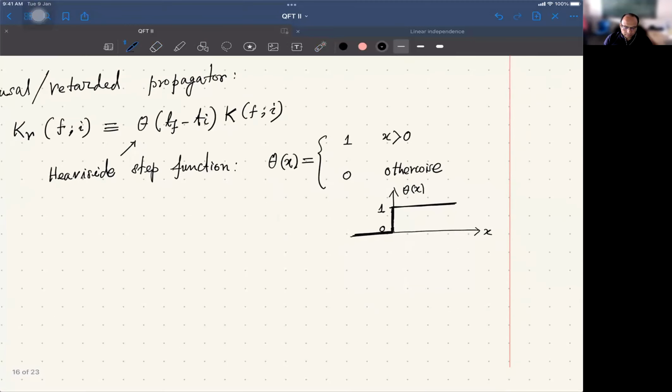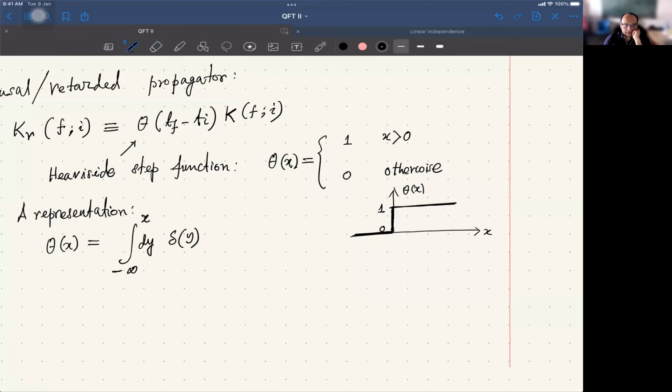Now you can write a representation for this. A representation of theta of x is the integral dy of the Dirac delta function of y, going from minus infinity to x.